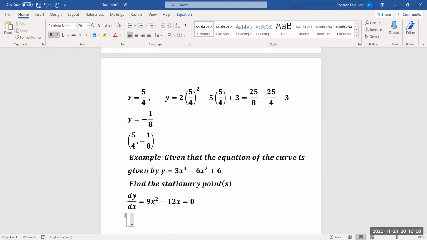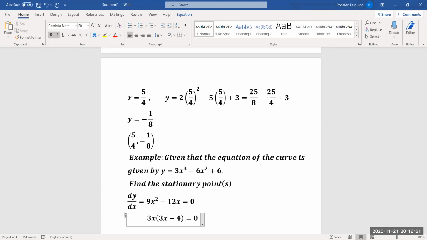So you solve that equation, 9x squared minus 12x equals 0. To solve this equation, you can factor out 3x, because 3x is the highest common factor, so you get 3x times (3x minus 4) equals 0.